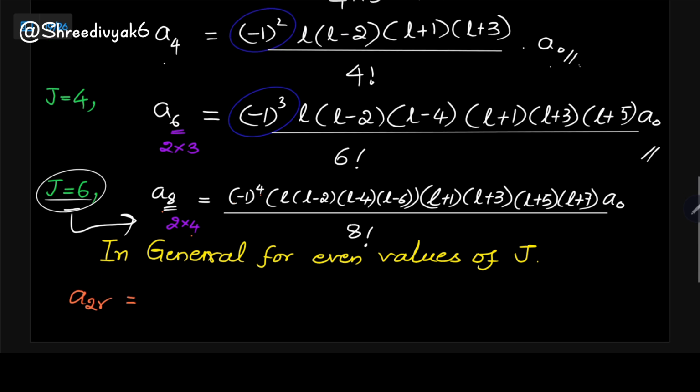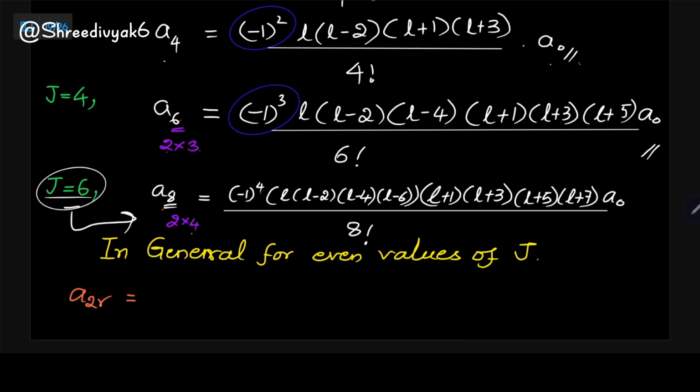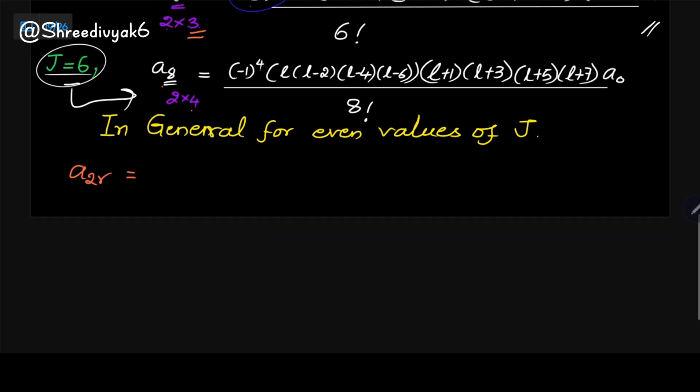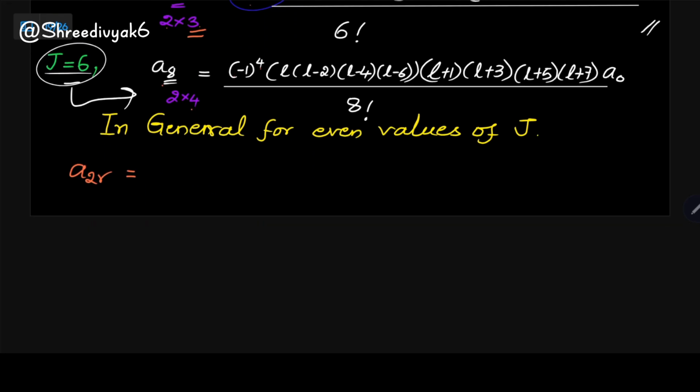So for a6, 2 threes are 6, where minus 1 raised to 3. So this r is similar here. So I can write minus 1 raised to r, L into L minus 2, L minus 4, like that, up till my rth term.